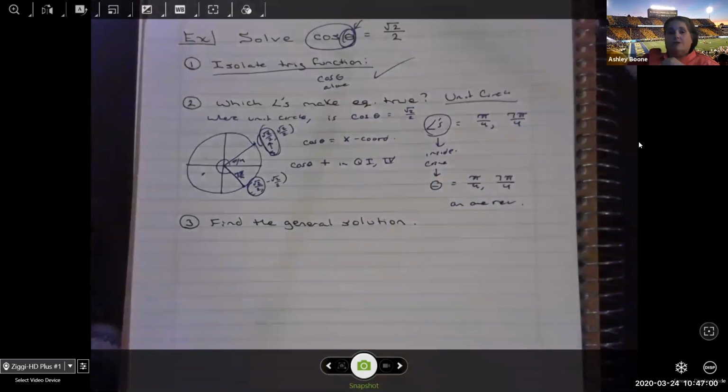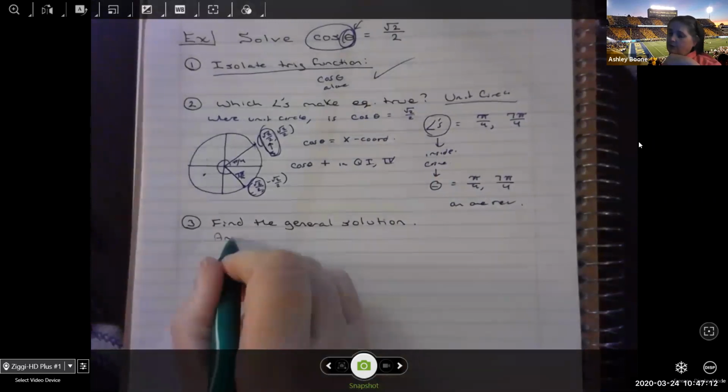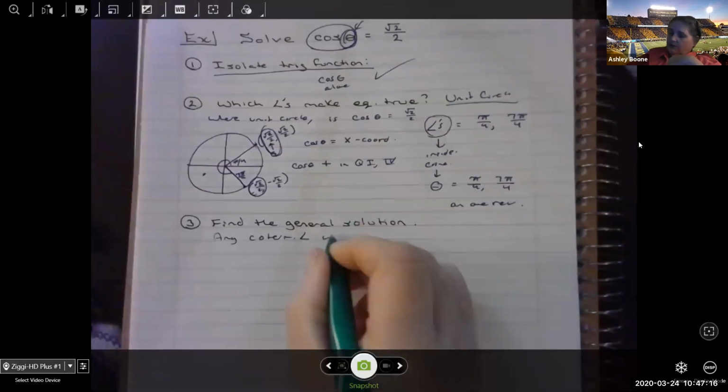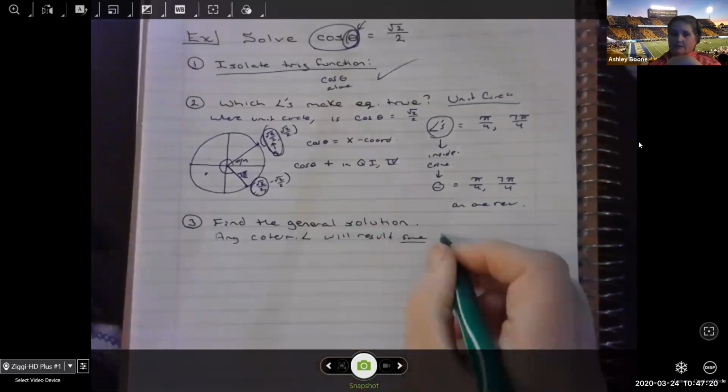We want to go a little further and talk about finding all solutions of this. So when you think about that, what's happening? Any coterminal angle will result in the same x coordinate.